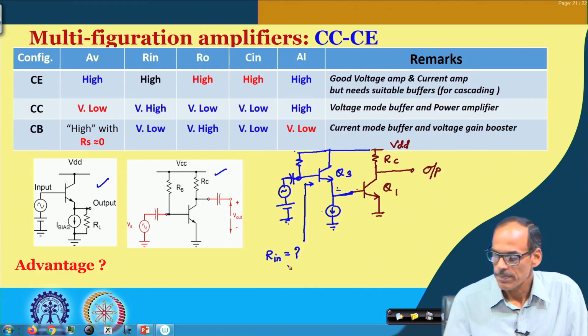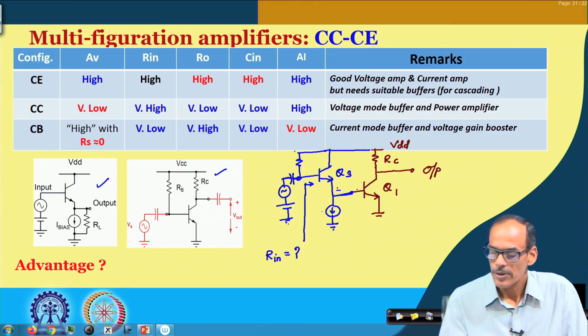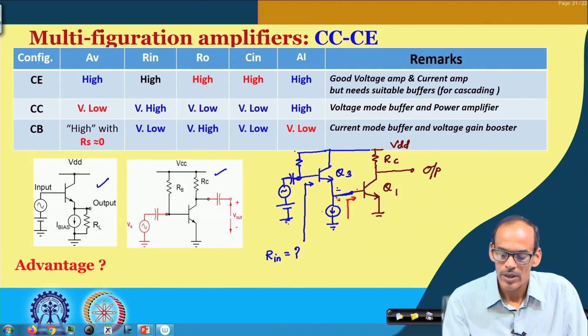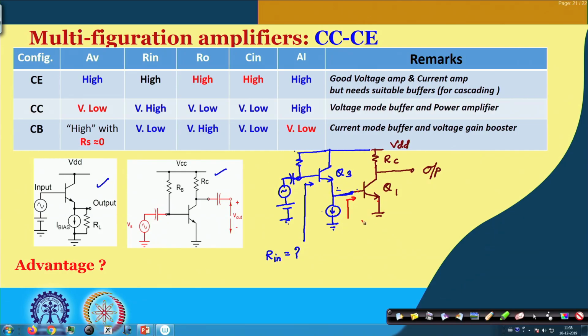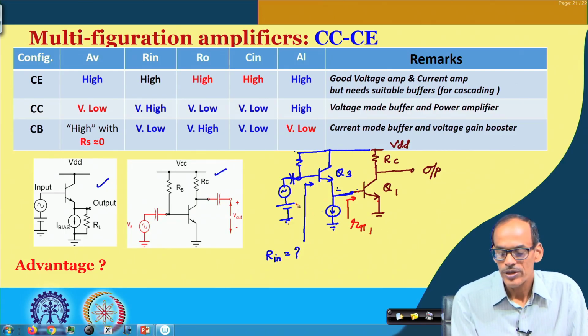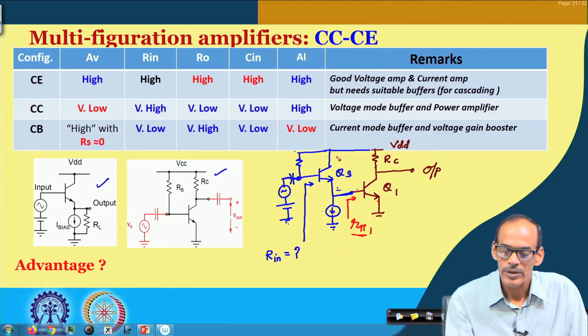If you see the circuit here, the impedance looking from the emitter of Q3 into Q1 is R pi 1, and then of course we have R naught, which we can ignore.